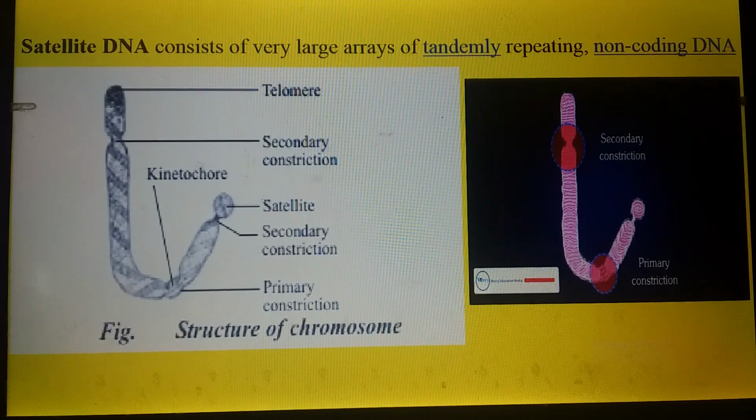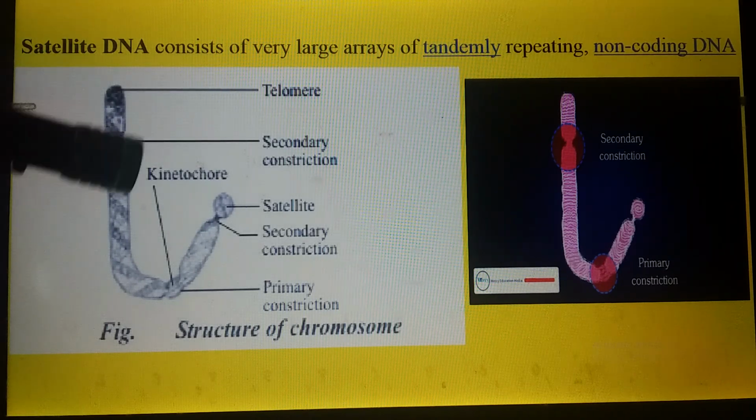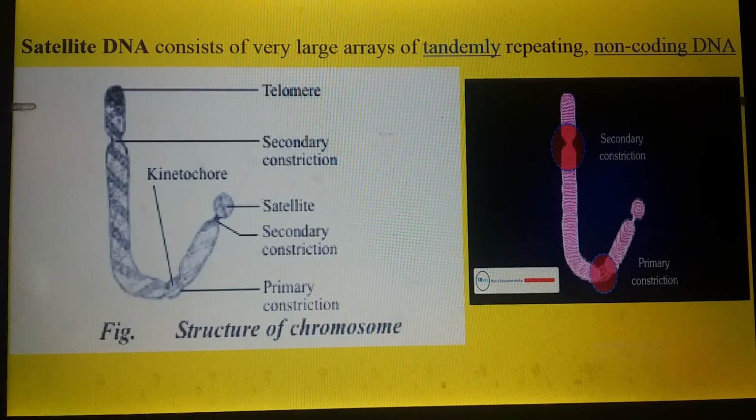Like in the case of human beings, there are 46 chromosomes, meaning 23 pairs of chromosomes, and I will discuss in detail the types of the chromosomes. So this is the simplest structure of the chromosome, and you can see here this is the complete chromosome, and these are the tips. This tip is known as the telomere.